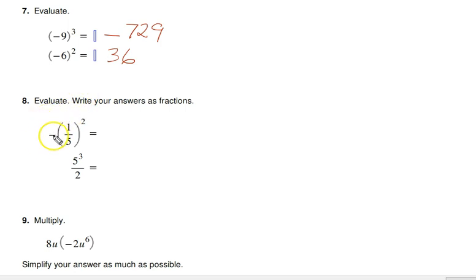Now, as we look at number 8, and again, pause it to see if you could get the answer. Whatever our answer is going to be, it's going to be negative, because that negative is outside. Now we're going to square 1, and that gives us 1. And we're going to square 5, and that gives us 25.